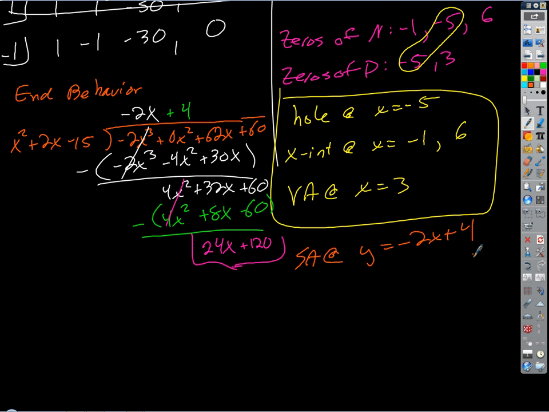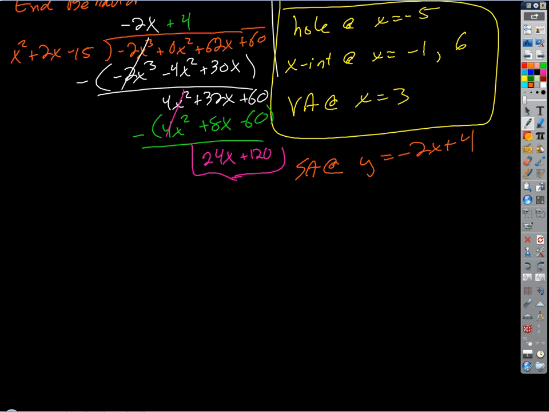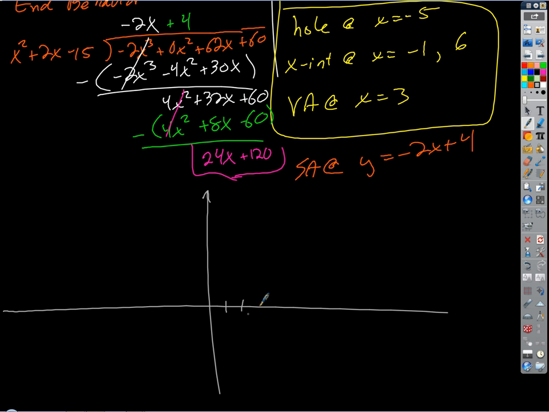We could do a quick sketch of this. And what do we get? So we've got a vertical asymptote at 3. We get a slant asymptote at negative 2x plus 4.